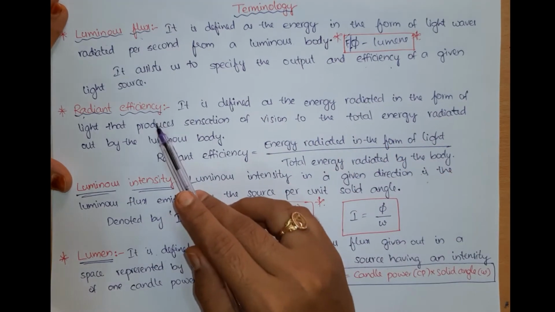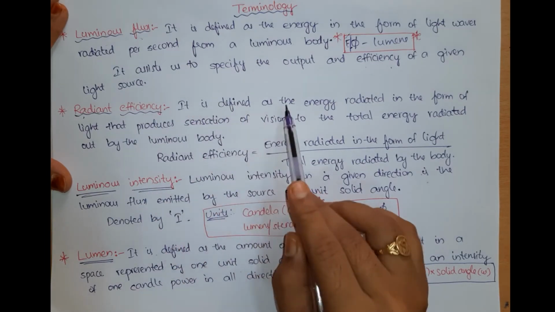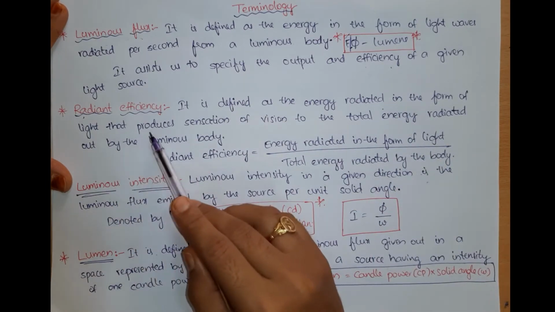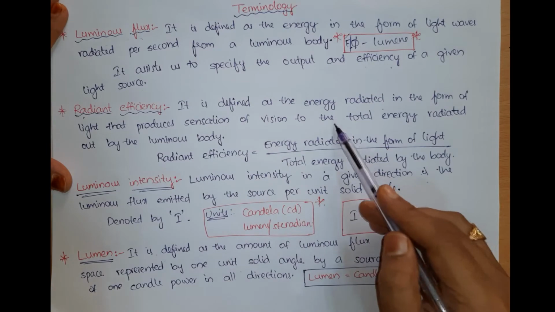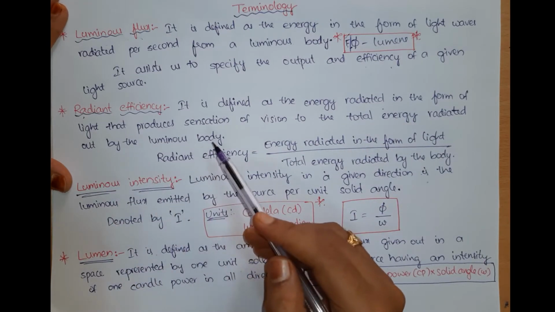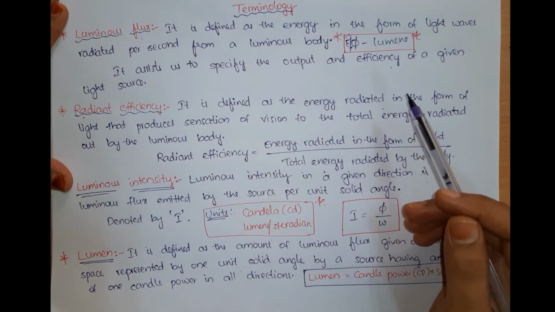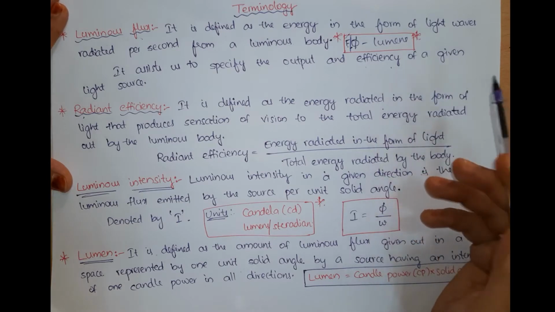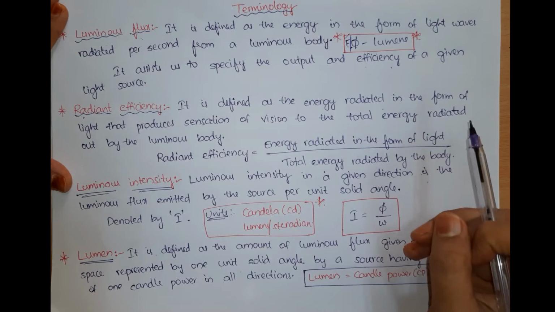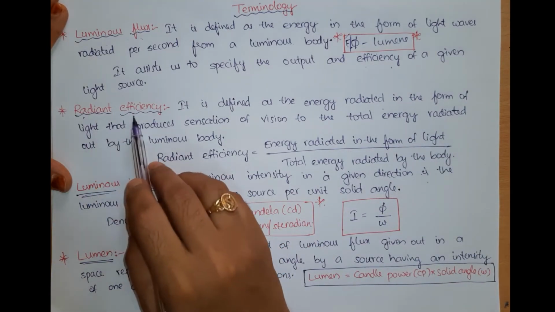Okay, then coming to the next one, radiant efficiency. It is defined as the energy radiated in the form of light that produces sensation of vision to the total energy radiated out by the luminous body. See, if you take a bulb or something, let us consider a light source. How much amount of light is emitted out from it and how much of it is reaching our eye, this is nothing but radiant efficiency.